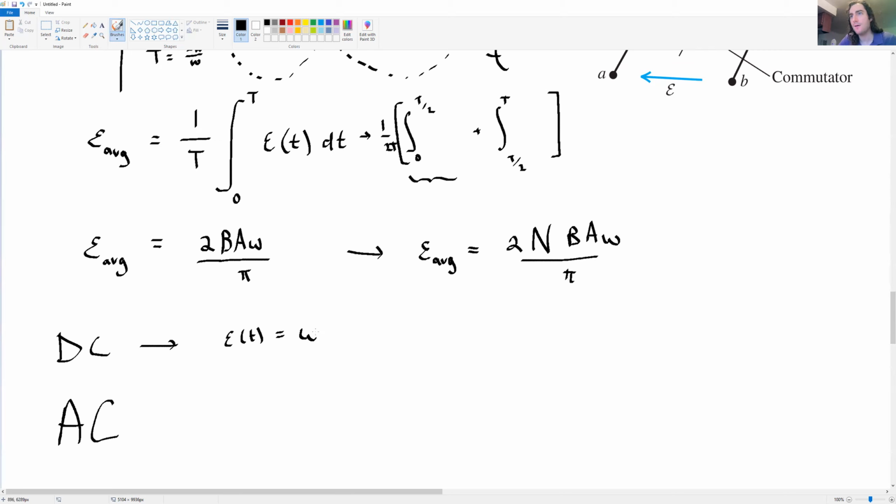I write the ω first, and then I write BAN. The reason I write BAN is because it spells ban, so it's maybe a word you can associate with that signal. So ω BAN sine ωt. And for the DC signal, you want to take the absolute value of the sine.